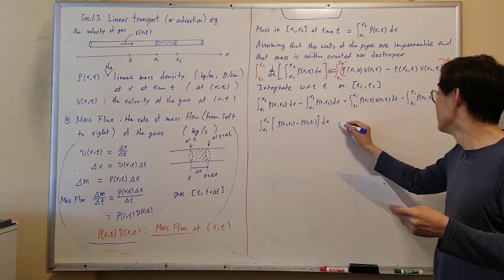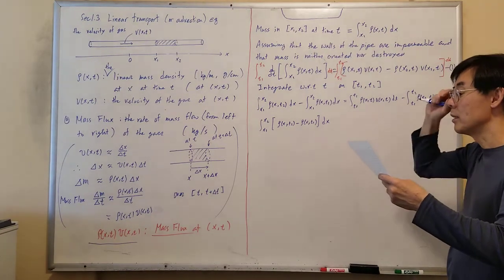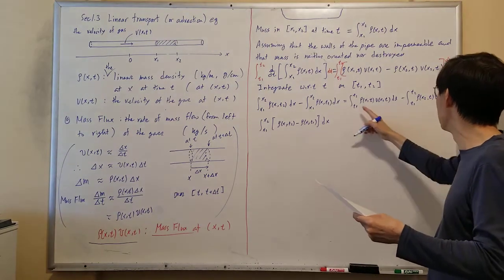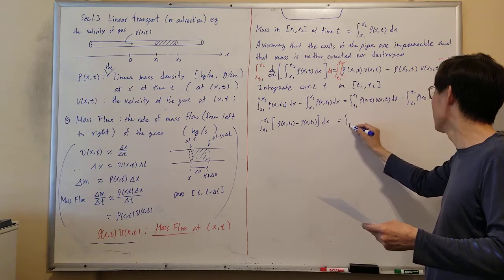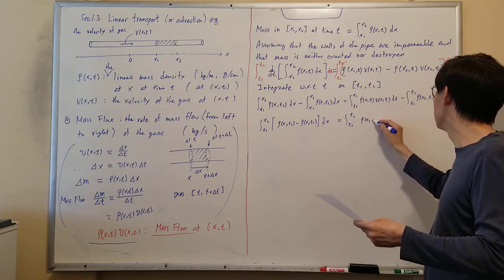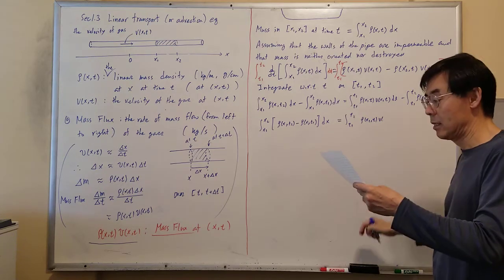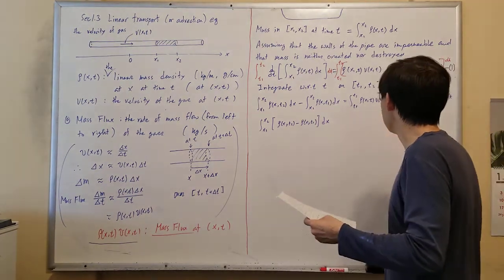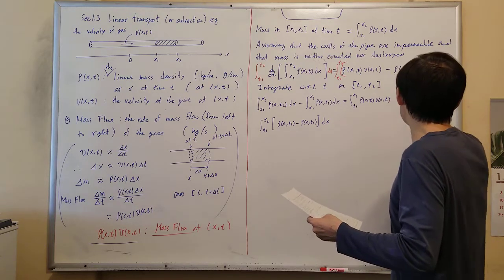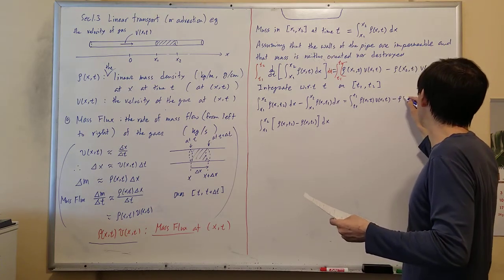Why did I write it this way? I shouldn't write it that way. Okay? Rho x1,t v. I'm going to take the minus out. I could have written it this way, with the minus.